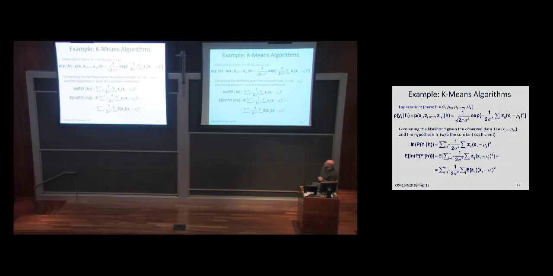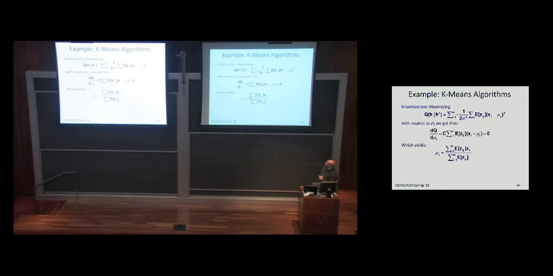Expectation is linear, so the expectation of a sum is the sum of the expectations. So nothing sophisticated. And what do I get now? I got this expression, which I copied from the previous slide. The likelihood of the parameters given the previous parameters is this expression.